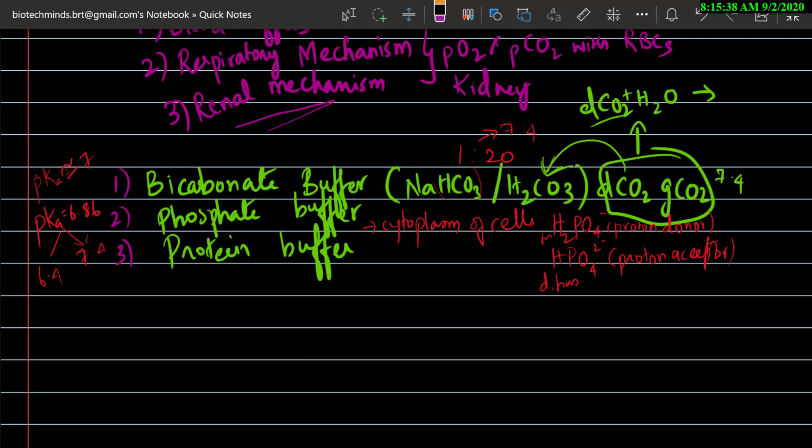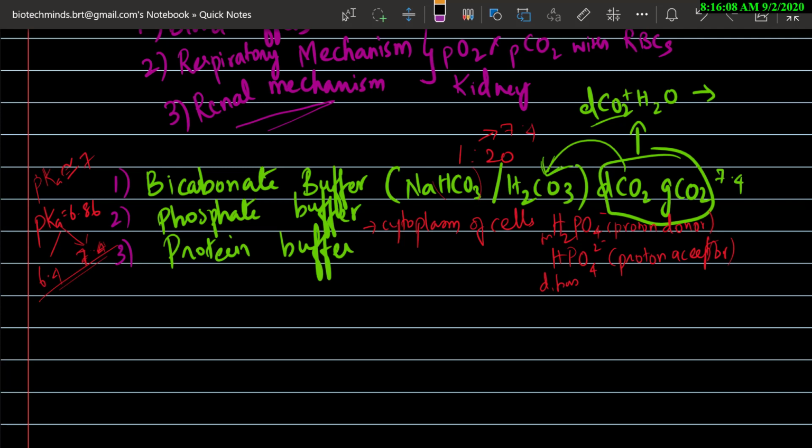So whichever solutions are present in this range, this phosphate buffer effectively maintains that constant pH. You can see all our body fluids or components, even enzymes, exist within this range only, 6.4 to 7.4, where the pKa is close to that of the phosphate buffer, 6.86. So it resists pH changes in this range between 6.4 to 7.4.